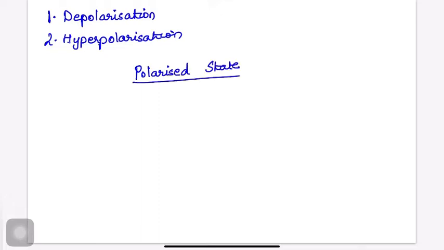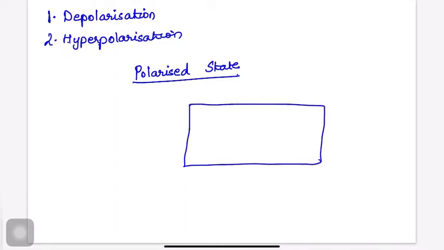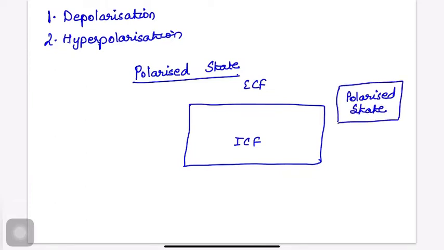Polarized state is nothing but the state of the cell membrane. So this is the cell, this is ICF and this is ECF. The state of the cell membrane at resting membrane potential is called the polarized state.